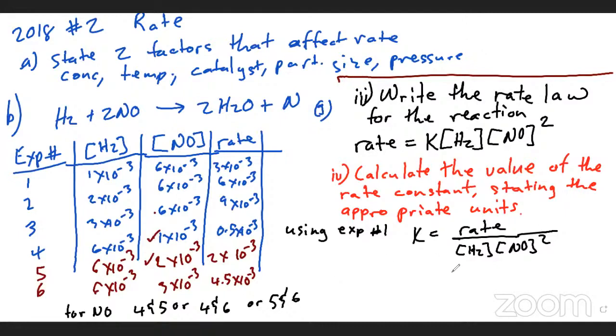All right, so for experiment 1, the rate is 3 times 10 to the minus 3 divided by hydrogen concentration, that's 1 times 10 to the minus 3, times 6 times 10 to the minus 3 squared. I'm going to continue it here.